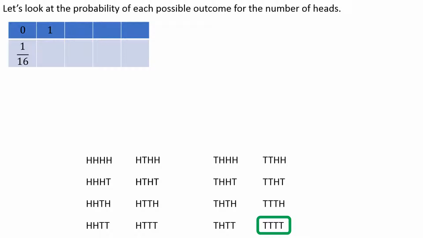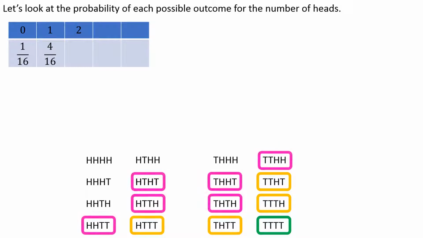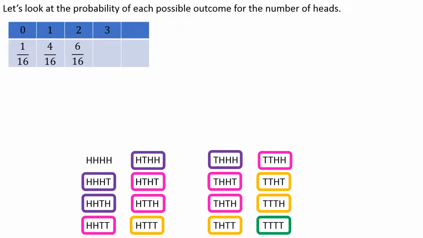What if I wanted exactly 1 head? 4 different ways I can get exactly 1 head. Exactly 2, well, of course, we already know that's going to be 6. We just looked at that. Exactly 3 heads. It looks like there are 4 ways of making that happen. 4 heads. Just 1 way.